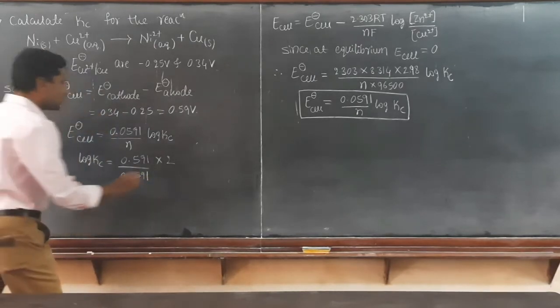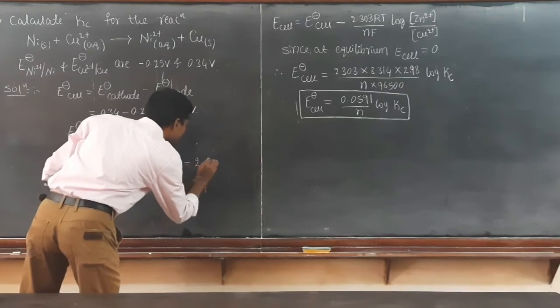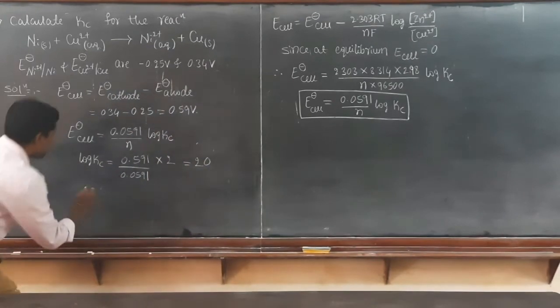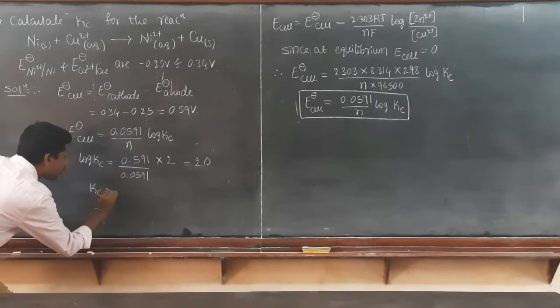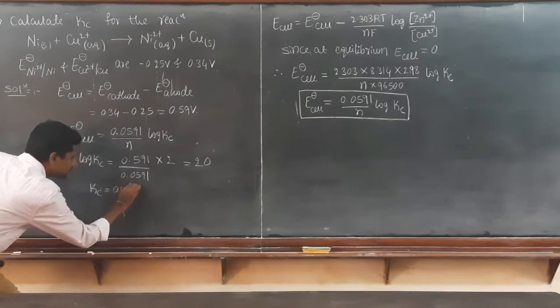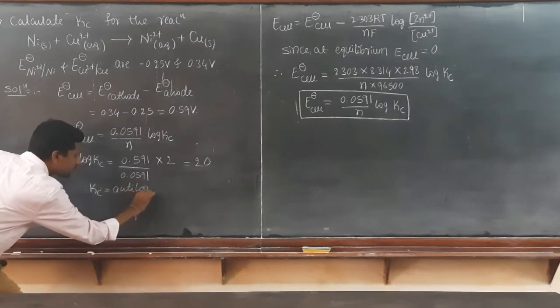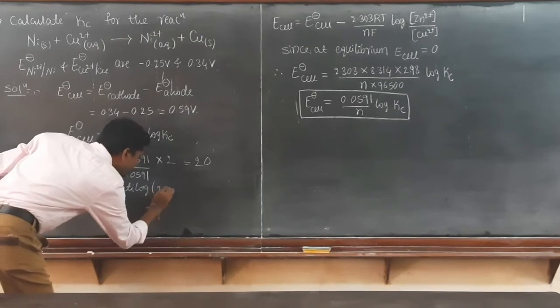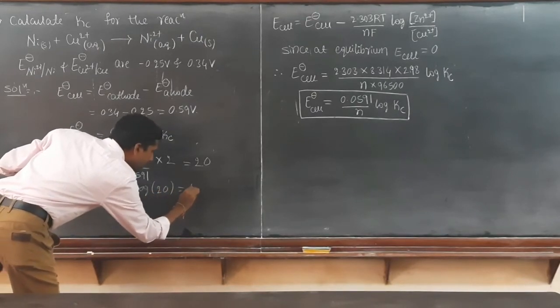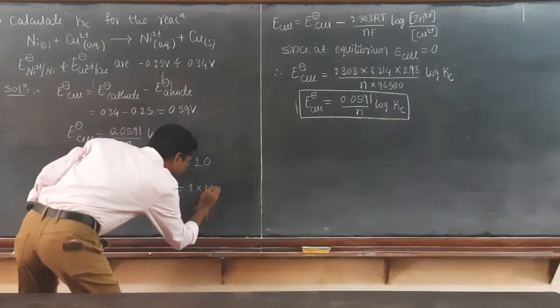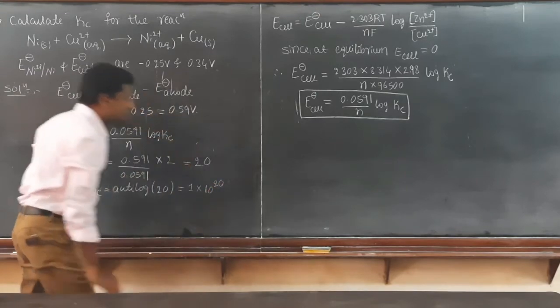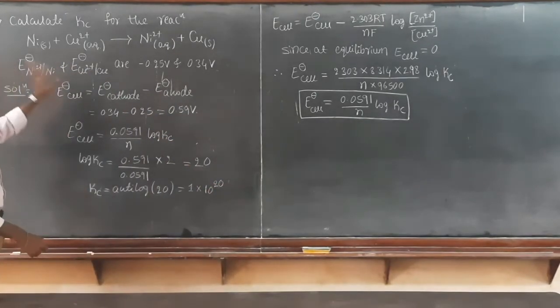If you calculate this one, you will get 20 in this case. Therefore, Kc is equal to antilog of 20, or this can be written as 1 into 10 raised to 20. So this is about your first example.